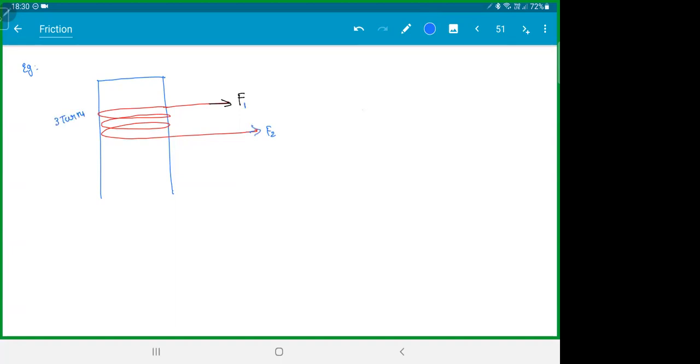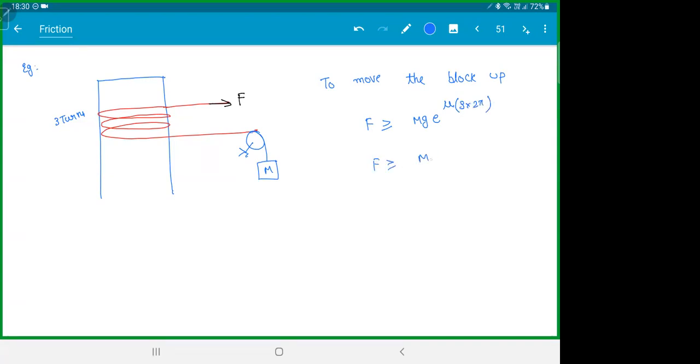In order for this rope to slip, let's say you want to move this F2. You have to decide the direction. Okay, we'll do it like this. To move the block up, the entire rope has to slide, right? To move the block up, this force should be greater than or equal to mg e^(μθ). Here θ is 3 turns, so 3 into 2π.